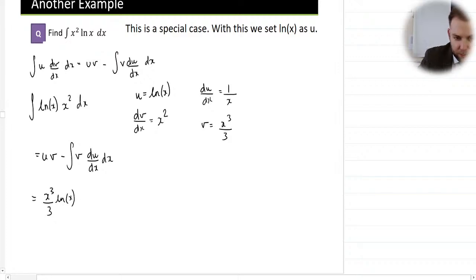I've switched those around, but that's okay. Minus the integral of v, which is x cubed over 3, times by du, which is 1 over x. Now, with respect to x. Now, the reason that we pick the ln x, if we've got a coefficient of x, is that we can cancel at this stage, so we can actually integrate it.